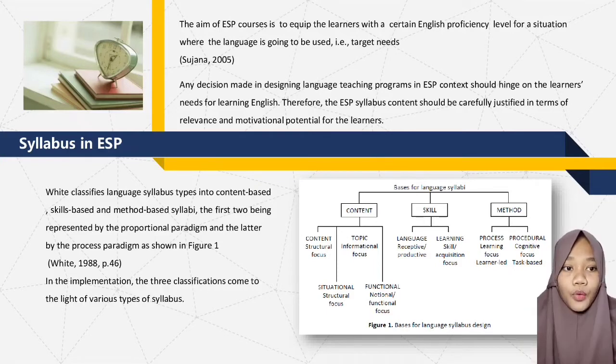So, we can see in figure 1 there are three parts of basis of language syllabi: the content, skill, and method. And each part will be divided into several parts. In the implementation, the three classifications give rise to various types of syllabus.